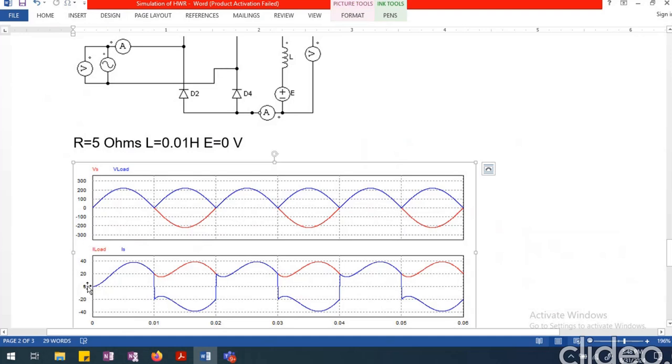In the first cycle it starts from 0, no doubt. But eventually, at the end of every half cycle, the current does not reach 0. The current is already at a certain value because the inductance retains its current.